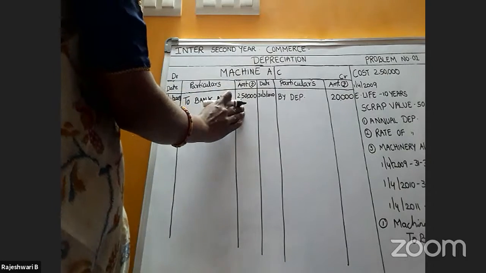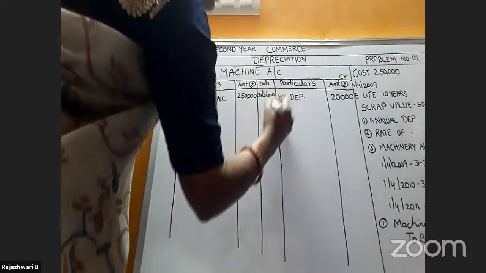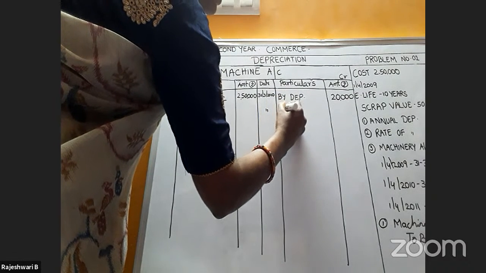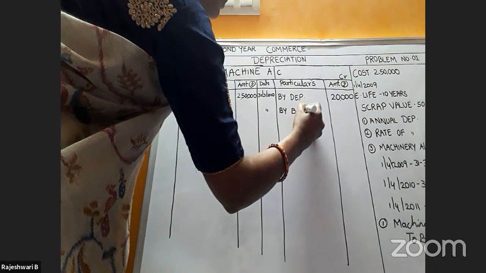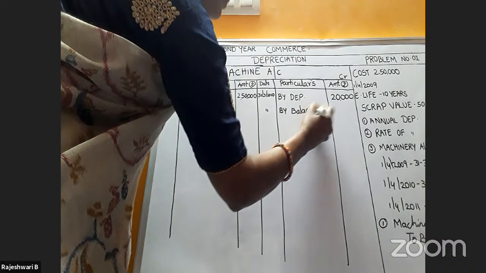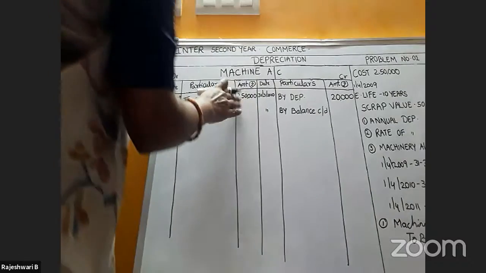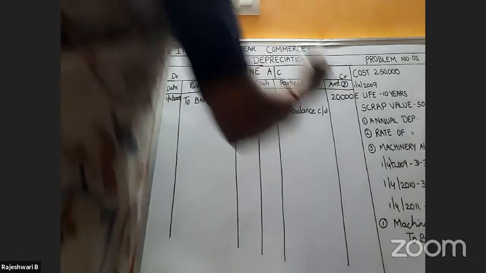Here 2,50,000, and we have to balance the amount. Same date, by balance carried down. How much balance carried down? 2,50,000 minus 20,000, 2,30,000.